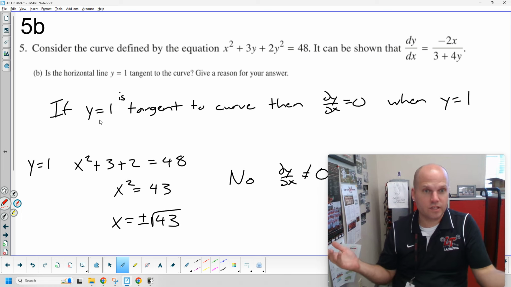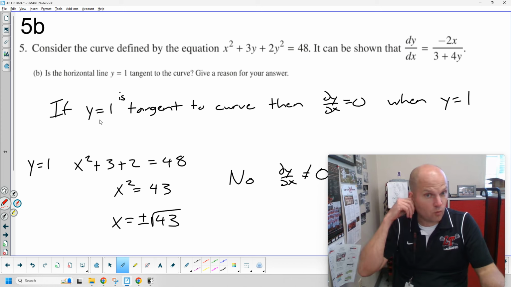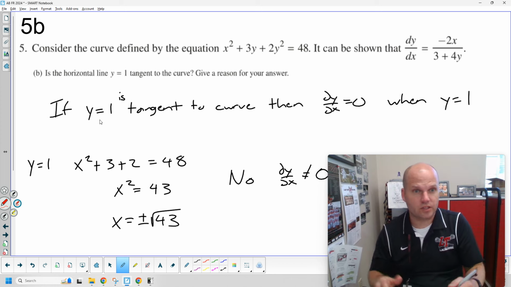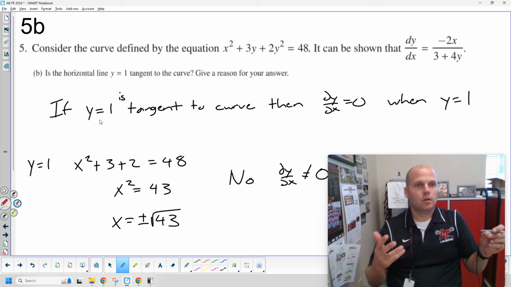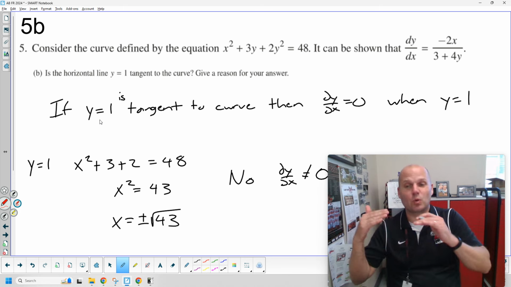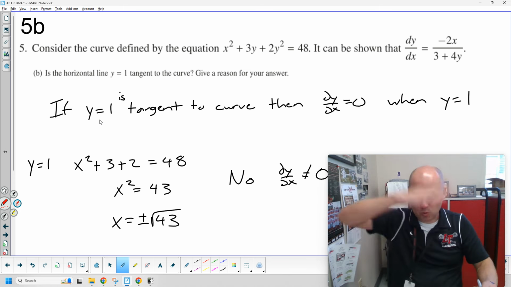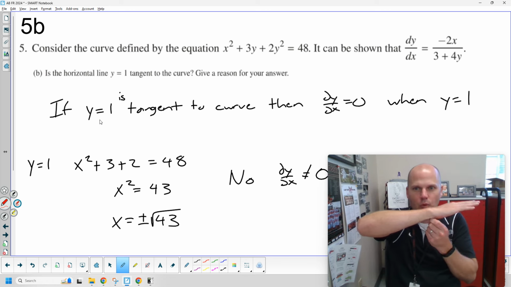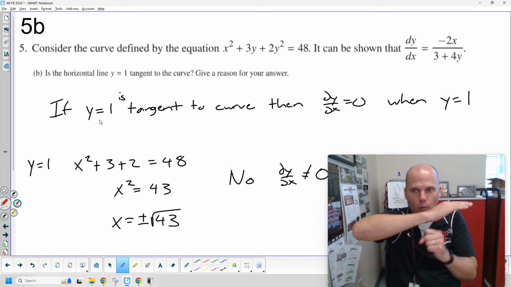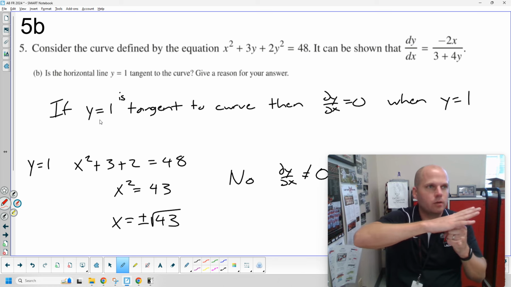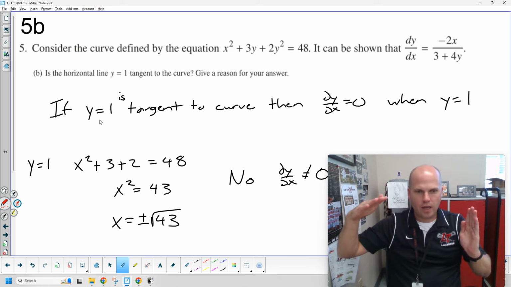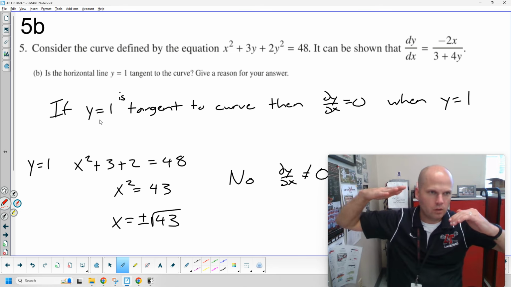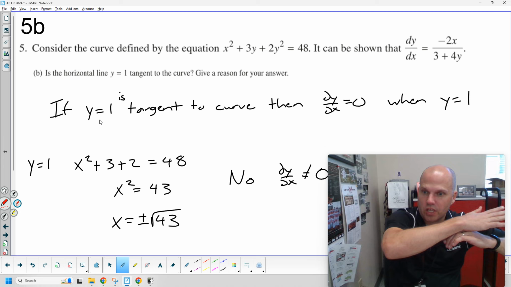Is y equals 1 tangent to the curve? Well, if y equals 1 is a horizontal tangent to the curve, then we're going to have a slope that equals 0 when we have a point where the y coordinate's 1, right? We're going to have a y coordinate of 1 with a slope of 0.